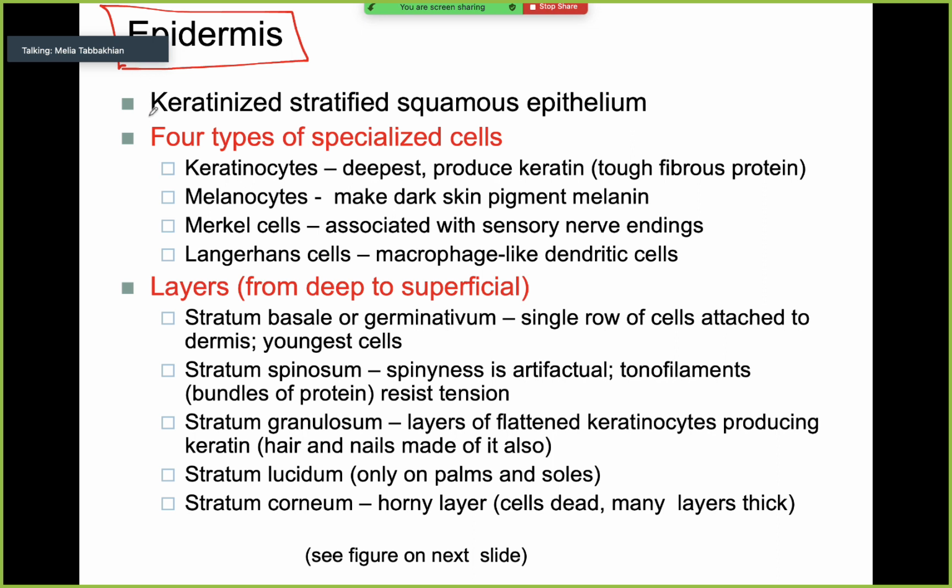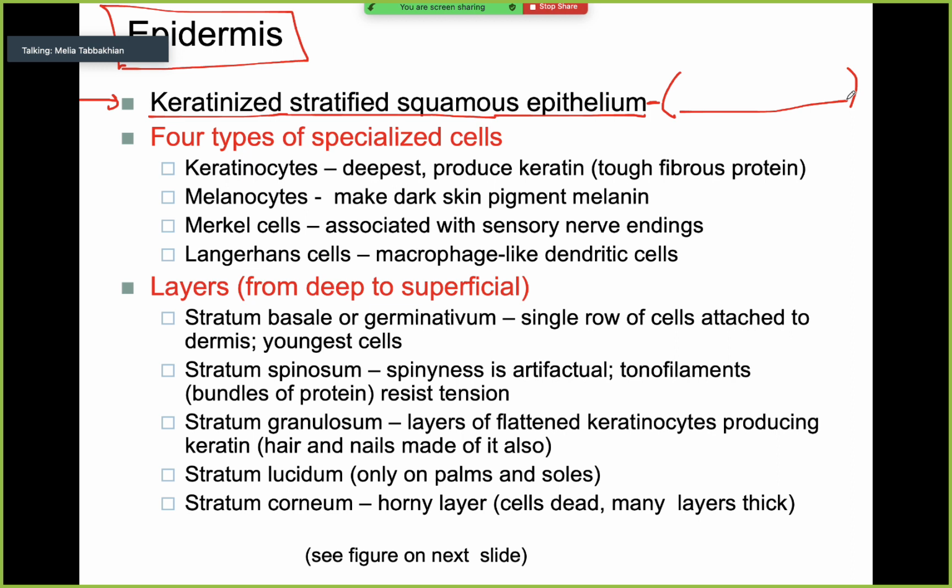Epidermis is made out of keratinized and non-keratinized stratified squamous epithelium, but in terms of layers, the topmost layer is made out of keratinized stratified squamous epithelium. Next to this, in parentheses, I want you to write dead skin cells.